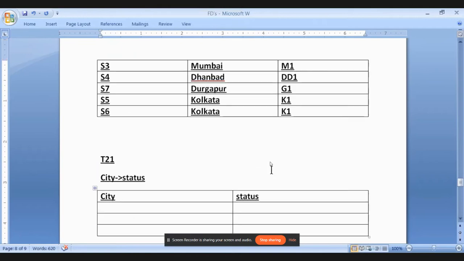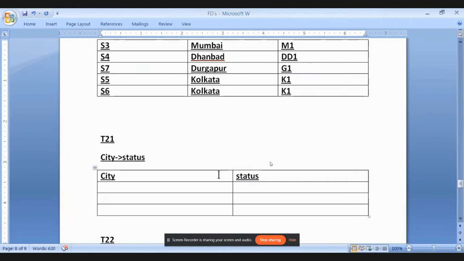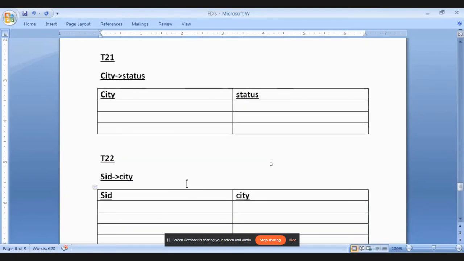But the thing is, I cannot lose any dependencies, isn't it? So in the F plus, there will obviously be the SID to status FD. Now I have to bring that FD. When you take F plus of these two together, what do I get back? When I combine city to status and SID to city and make the set S, and then find F plus, I can get SID determining status via the transitive rule.